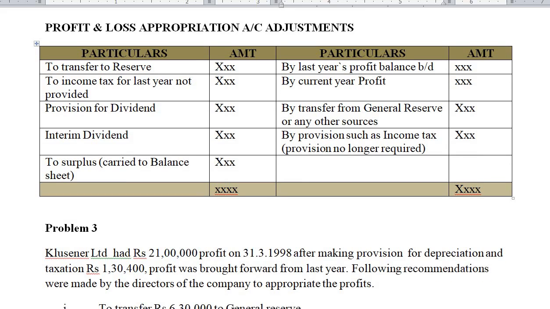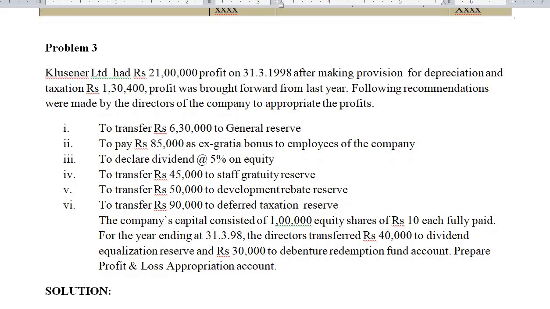So the problem goes like this. Lucinar Limited has rupees 21 lakh profit on 31/3/1998, after making provisions for depreciation and taxation. Profit brought forward from the last year is rupees 1,30,400.